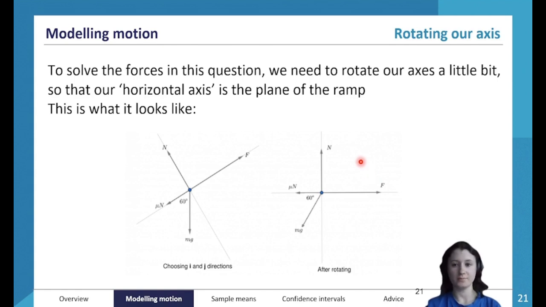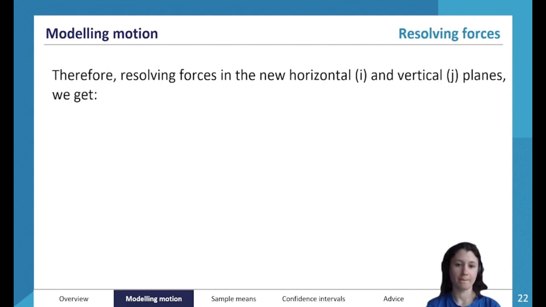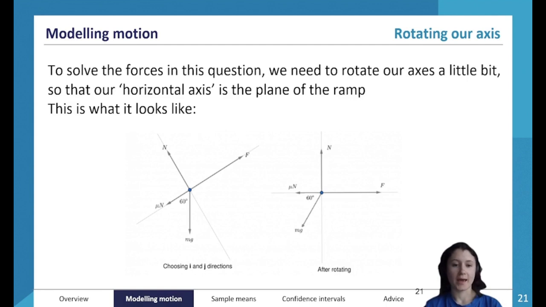Alright? Because now only one of our lines is not on an axis. Alright? Which makes things a lot easier. So, let's continue on and solve this question.